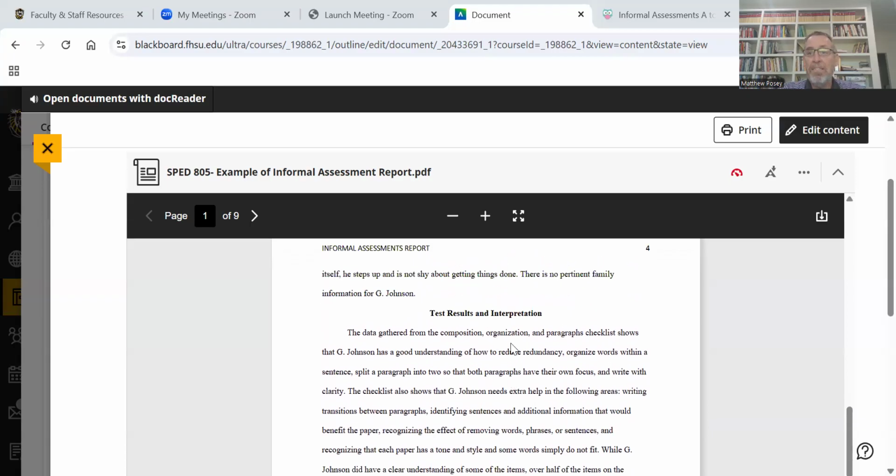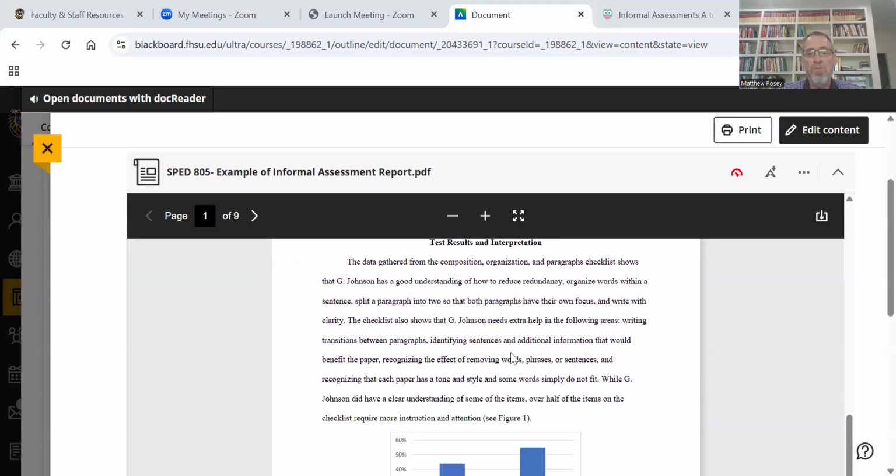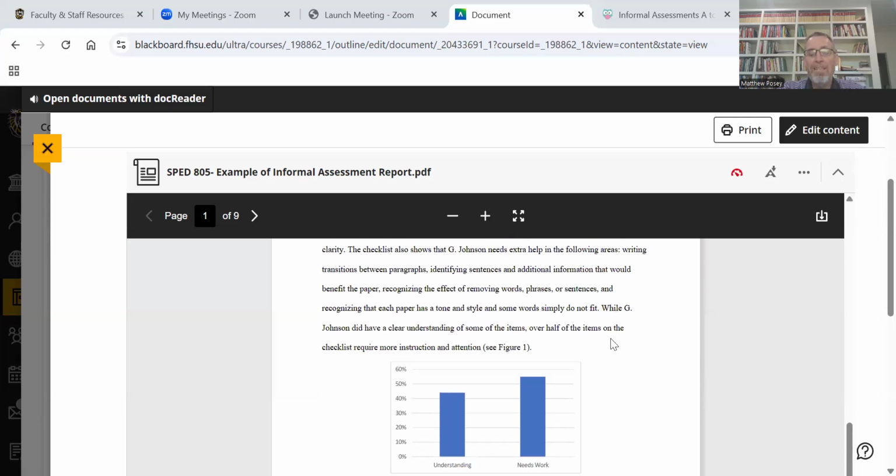Next, we're going to talk about our test results and interpretation. For informal, the data you collect is going to be very simple. It's mainly going to be what we call the raw score. So if there were 10 items, the student had a score of 7 out of 10, or 70%. Something that's possibly new for each of you is taking data we collect and putting it into a table, chart, or graph to display the data.